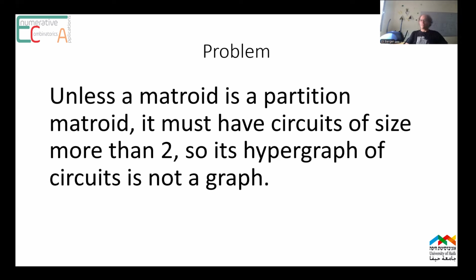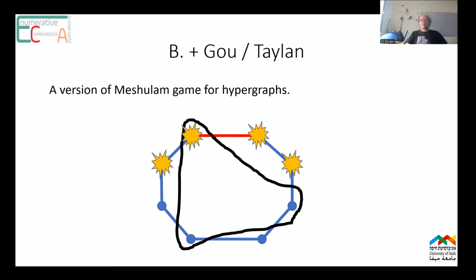So the idea to solve it was found independently by Gu and me and by Dömötör Pálvölgyi. And it was a version of the Meshulam game for hypergraphs. So let me explain a bit about the differences.